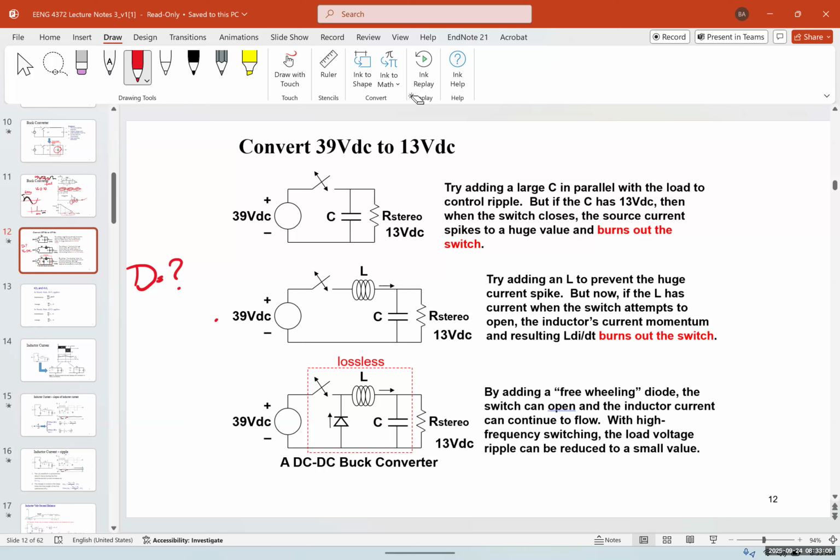Sorry, V out is 13 and Vin is 39, so 13 equals D times 39. Therefore, D would be equal to 13 over 39, which is 1/3, or 33%.